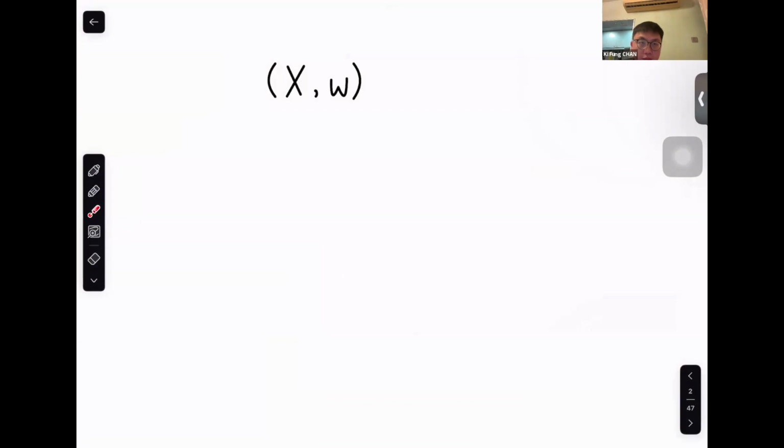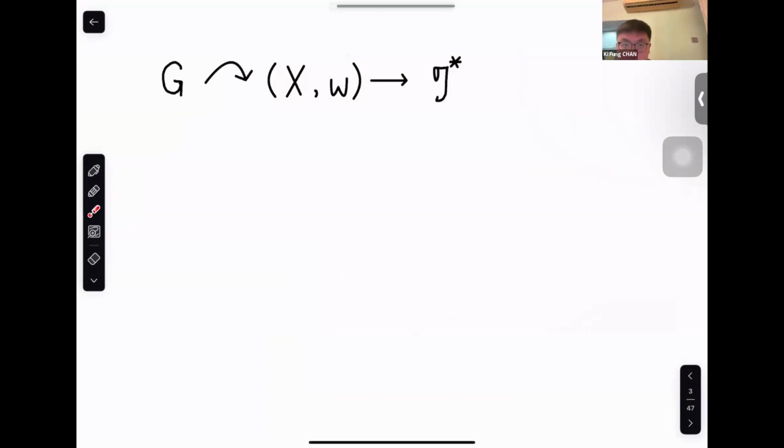Let me begin with the setting. We let X be a symplectic manifold and let G be a compact Lie group such that G acts on X in a Hamiltonian way.